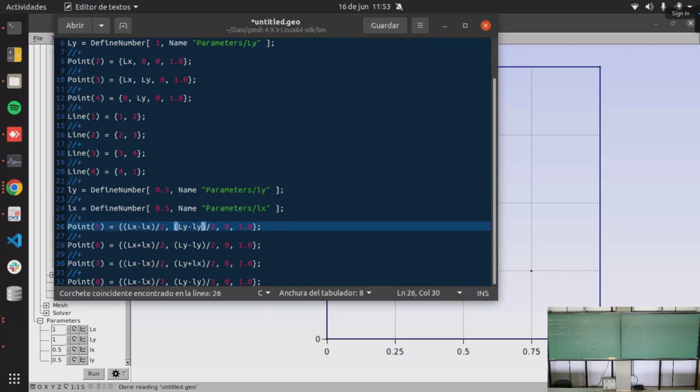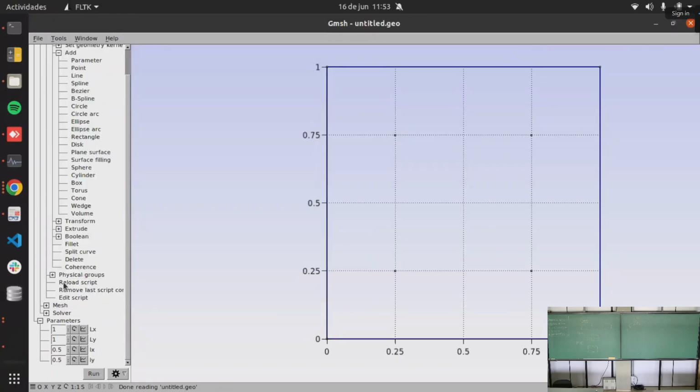Here also. This is the same point. Sorry. I have to add. All right. I think that is okay now. So yeah. And after that, I start creating the lines in the same way that I did before.